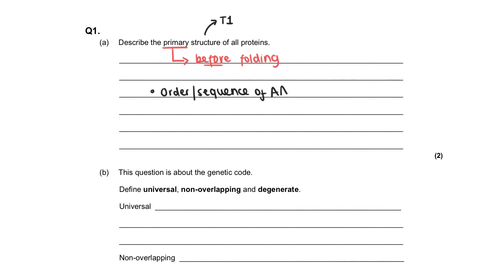That's the first mark. And we have to specify the monomer. Okay, that single repeating unit that we see over and over again. And we have to specify as well that they are joined by peptide bonds.